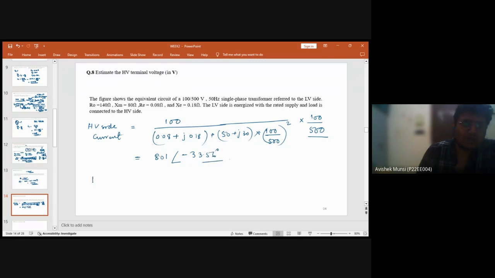So now we have to calculate the HV side voltage. To calculate the HV side voltage, it will be the HV side current into the load.